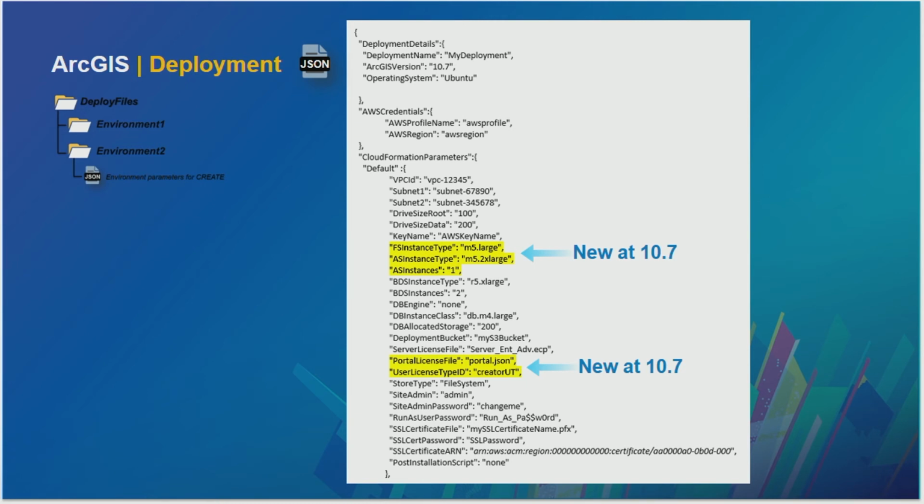We have our application server instance type, and then our application instances. These are the number of servers that are behind that load balancer. And then also our new portal license file, that JSON file that we're going to call out, and it is the user license type ID. This is another item that was new at the 10.7 release as well. So we're going to break this JSON file down a little bit.